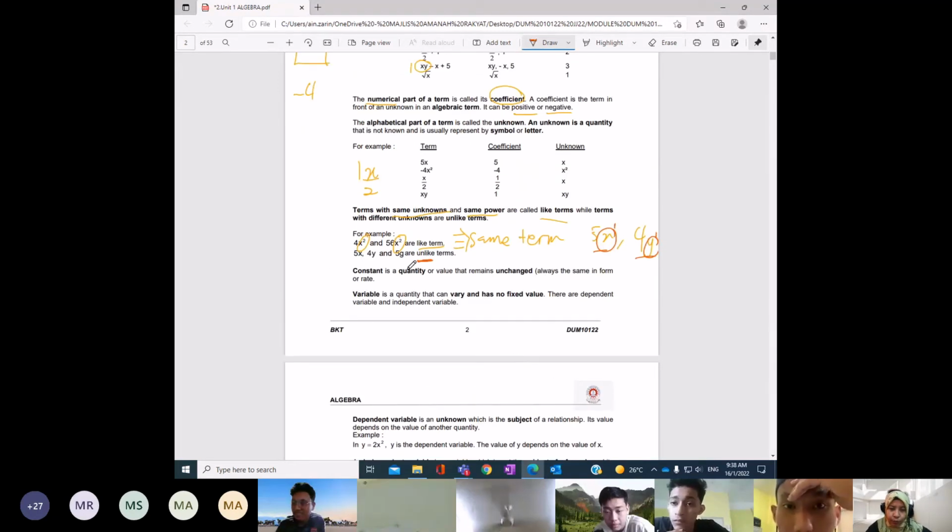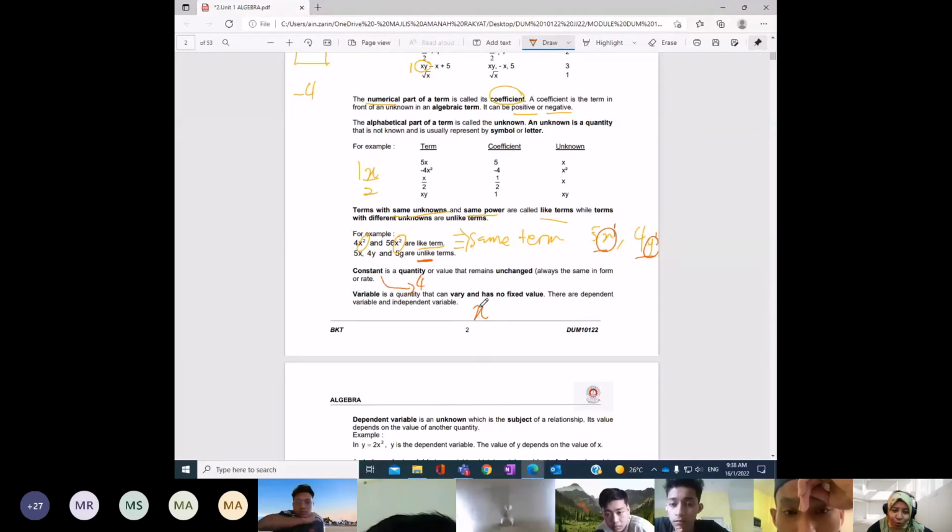Okay, then we have the word constant. Constant is just a number, which is, for example, you just have 4. So this is what we call as constant. It's a quantity or value that remain unchanged. Okay, variable is a quantity that can vary and has no fixed value. So kalau normally, kalau kita tulis variable tu, kita normally put as unknown lah.